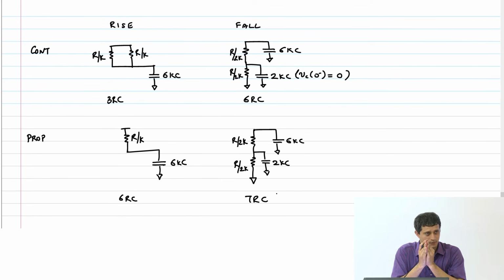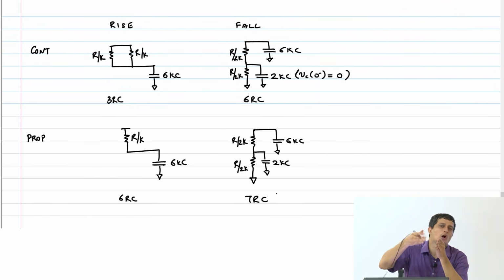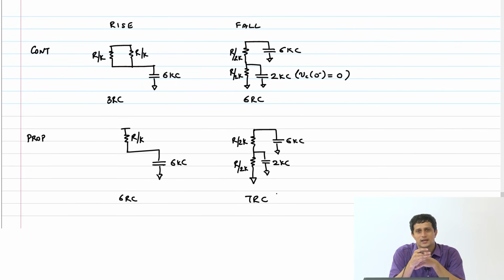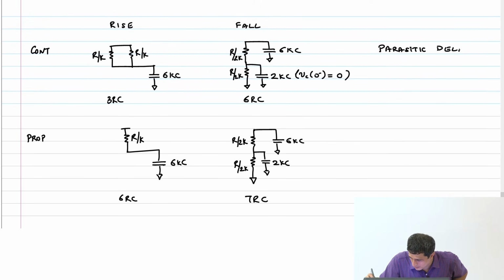Parasitic delay to a first order is independent of the gate size or the gate drive strength, because this thing of sizing it up by a factor of K is making it a stronger gate. You are giving it more drive strength. But parasitic delay is independent of drive strength.